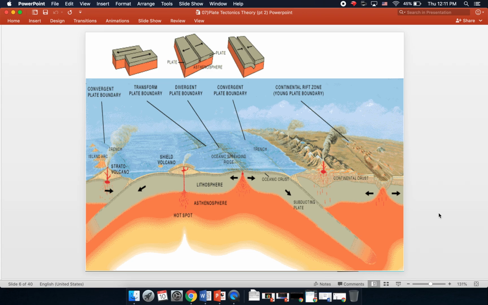Now, this picture here is in this presentation twice, and in the PowerPoint that you'll have twice. There's good reason for it. A lot of times with plate tectonics, we can really get bogged down with the literal descriptions of the plate boundaries and the types of movements.